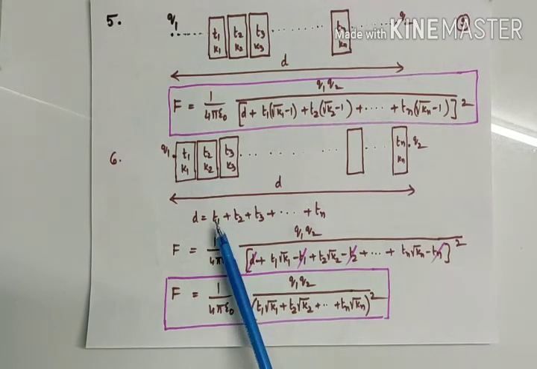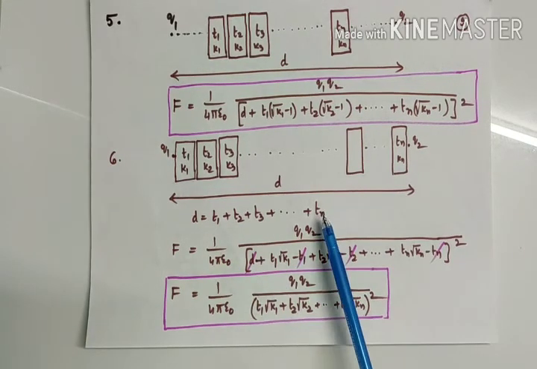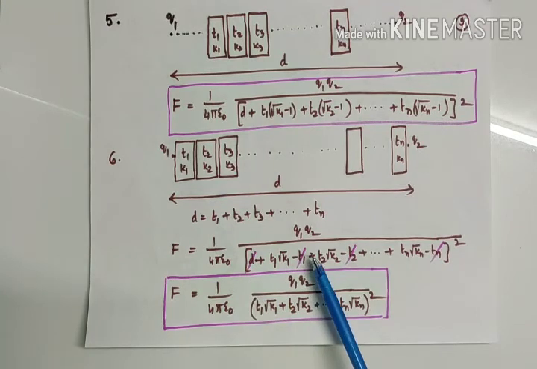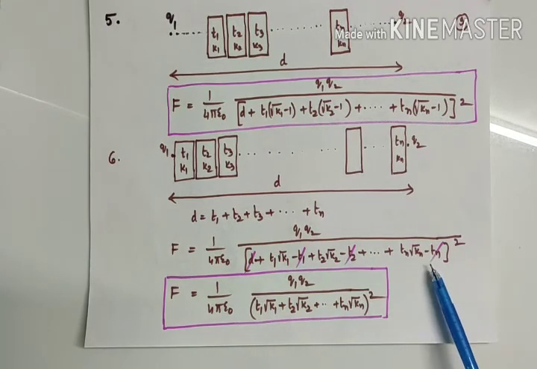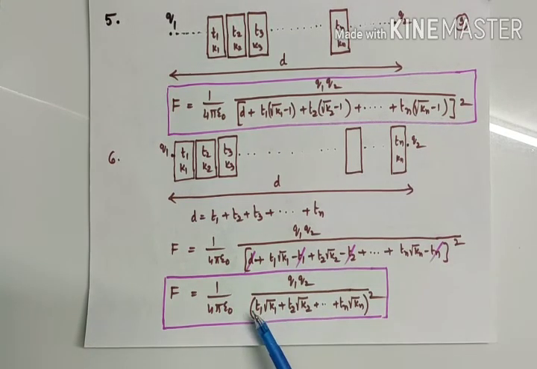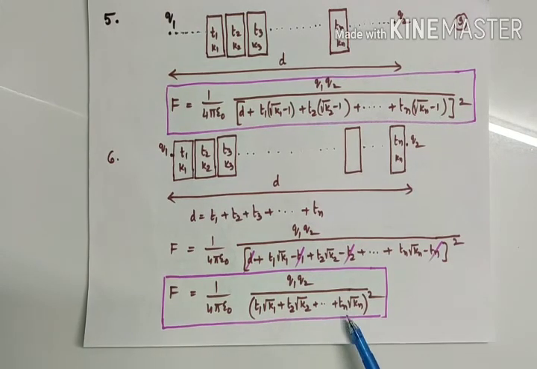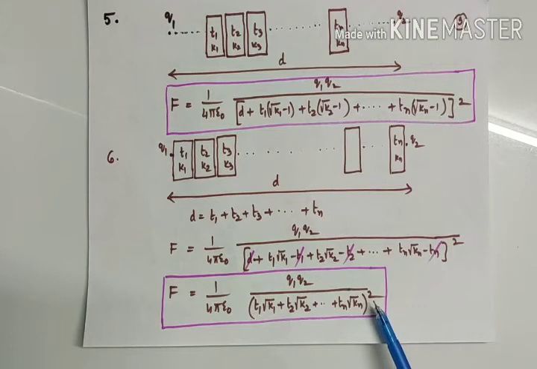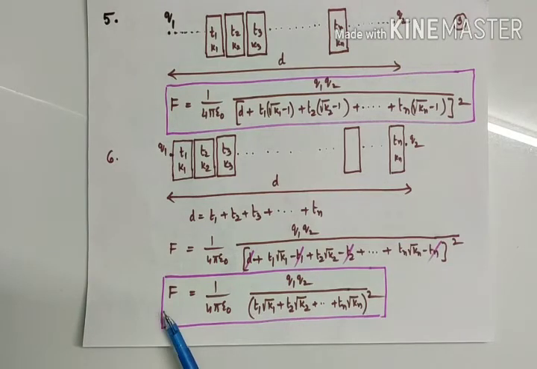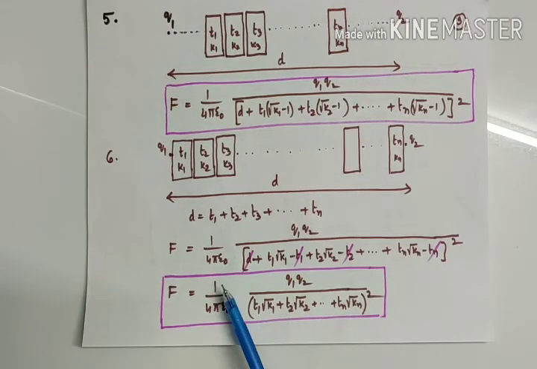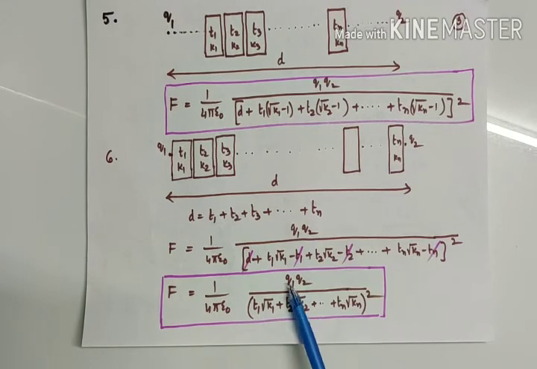But d is equal to T1 plus T2 plus T3 up to so on Tn. So d will cancel with T1, T2 and Tn. And we are left with [T1 root K1 plus T2 root K2 plus Tn root Kn] whole square. So the force between them F is equal to 1 by 4 pi epsilon naught Q1 Q2 divided by this term.